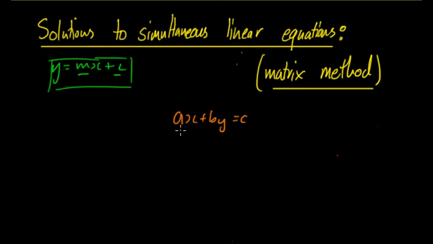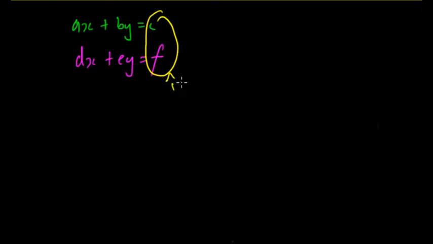So we want the x and y terms on one side, equal to the constant, such as here. We have two equations.